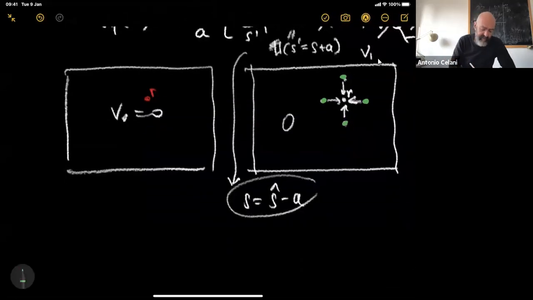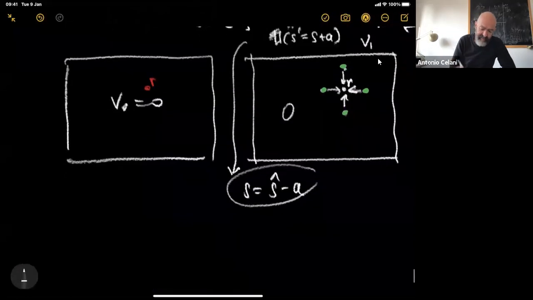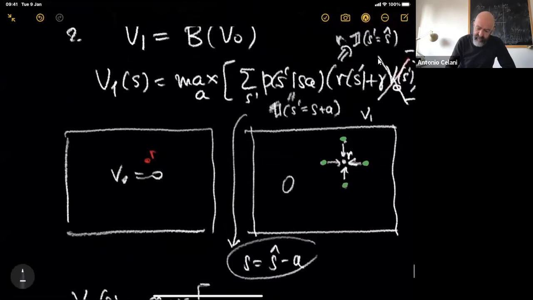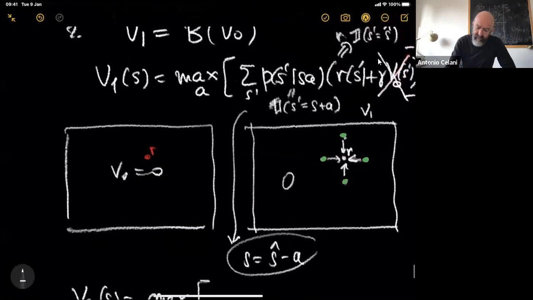Next step. Well, let's repeat. V2 of S is equal to the maximum over A. Just one thing before we move: you notice that in this case we're just propagating the value of R. So I can even put the actual values here.